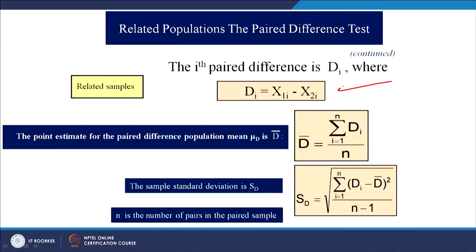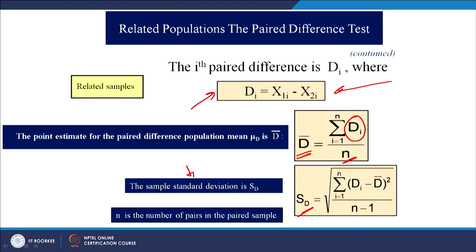So, this is how you should be calculating pair difference, we have already talked about this. The mean of pair difference is this. So, this is summation of differences divided by number of pairs, and this is the standard deviation of the paired sample, right.